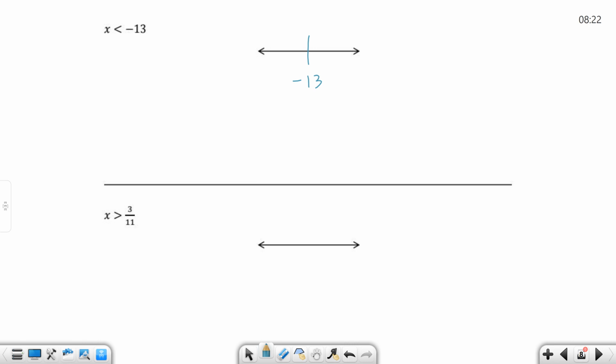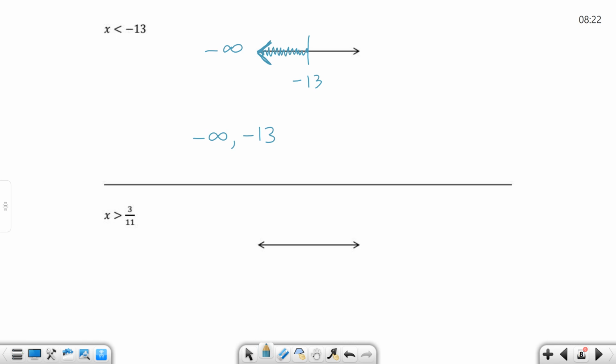You've solved the inequality and you've gotten to the point where you need to write interval notation. X is less than negative 13. So which way is less than? That's to the left. And I get all the way out to the arrow, and I'm going to shade the arrow. And what does the arrow represent? Negative infinity, okay? So then I have negative infinity, comma, negative 13. Right, you've got to have negative infinity to the left of negative 13.